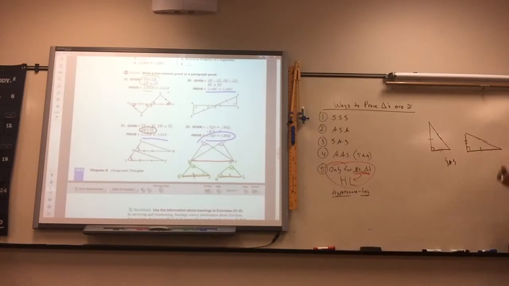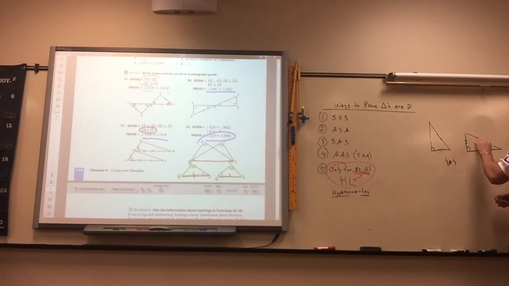SAS. So just because it's right doesn't mean it's going to be HL, but a lot of the times it will be. If it's HL, it's gotta be right, and you need to know the hypotenuses and a leg.